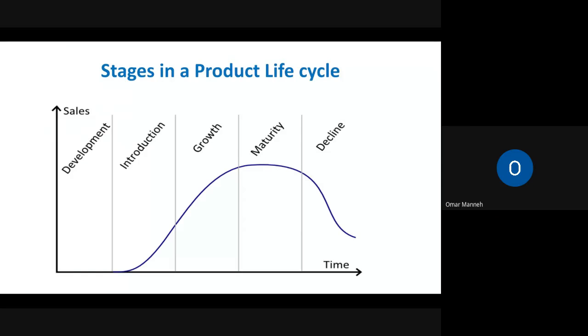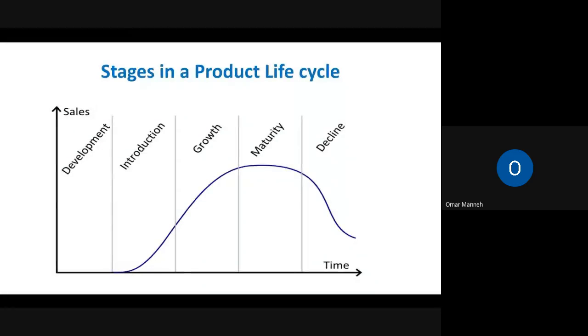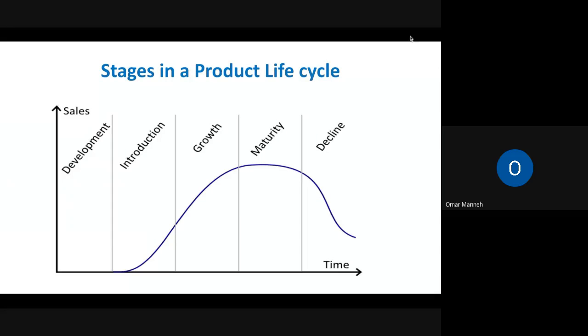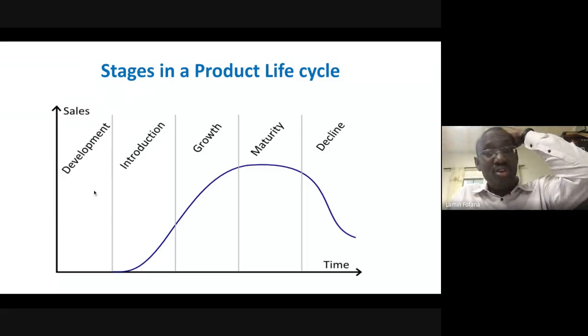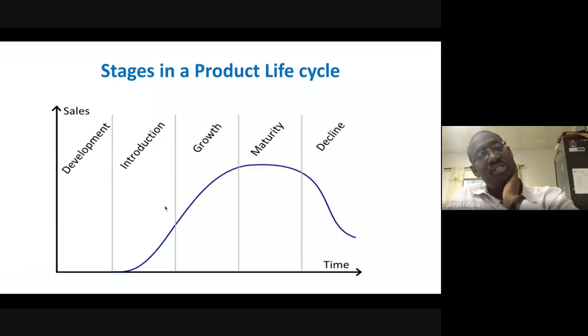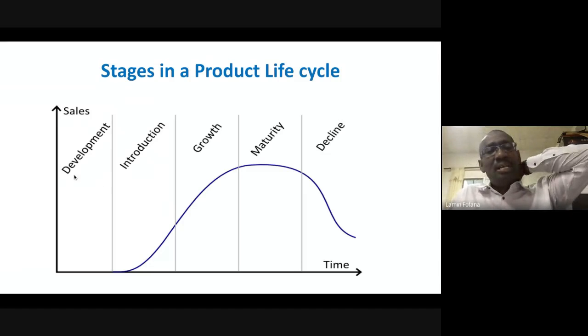Sorry, Mr. Fofana. Yes, sir. Does it mean that the life cycle of the product starts from development, whereas when we are considering the traditional, that will start from the introduction? Introduction, exactly so. Yes, that is true. When you look at life cycle costing, you look at everything else. You cannot start from the introduction.